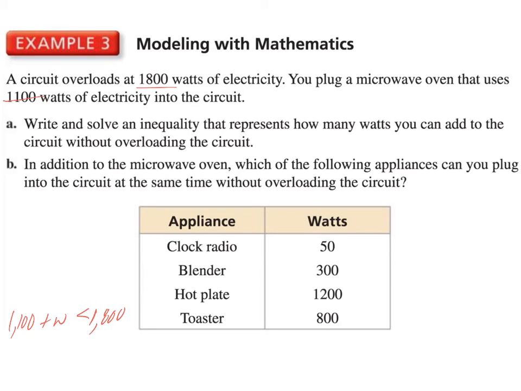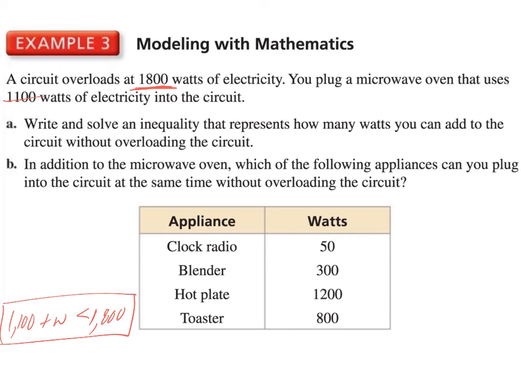Now, why did I not say equals? Because it says it overloads at 1,800. So if it hits 1,800, it overloads. But if it's less than 1,800, then we're okay. So there's the inequality. That answers part A.